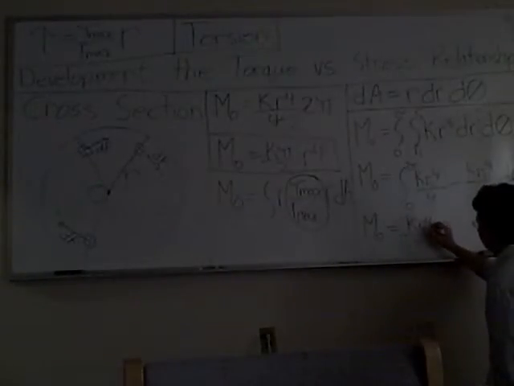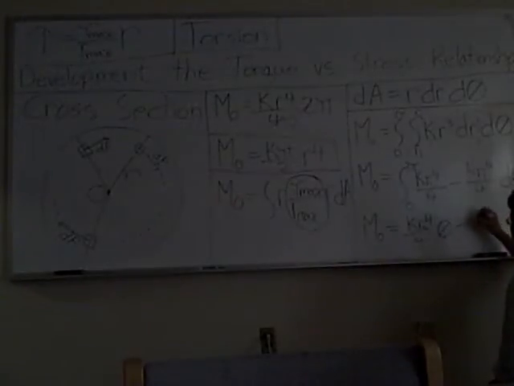So we have kr2 to the 4th over 4 minus kr1 to the 4th over 4, times theta, and then that's from 0 to 2 pi.